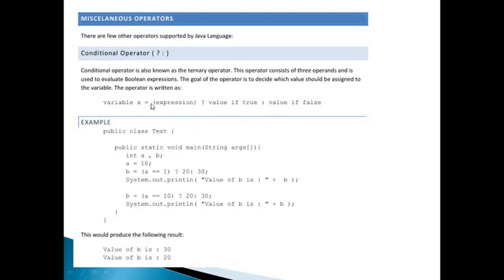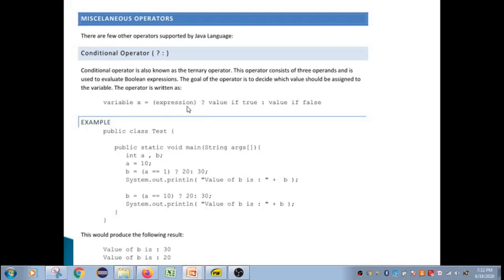Suppose I have to find the greater of 2 variables. I will write int x is equal to a greater than b, question mark a colon b. In that case, the greater of the 2 numbers will be assigned to the variable on the left side of the equal to sign.